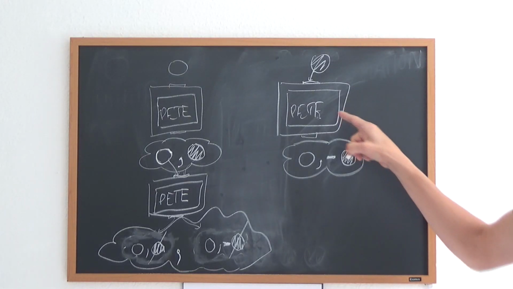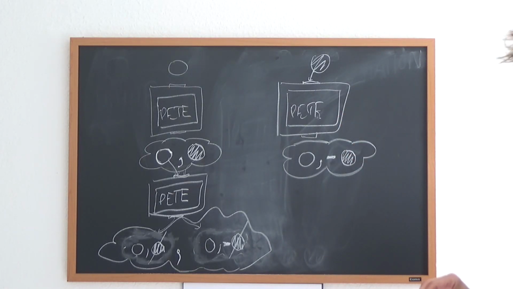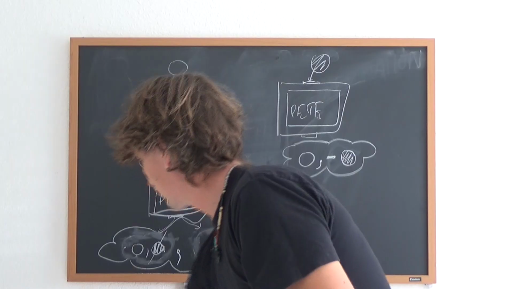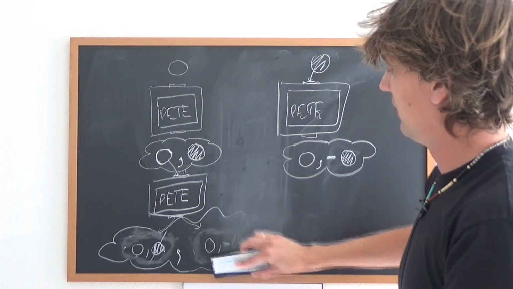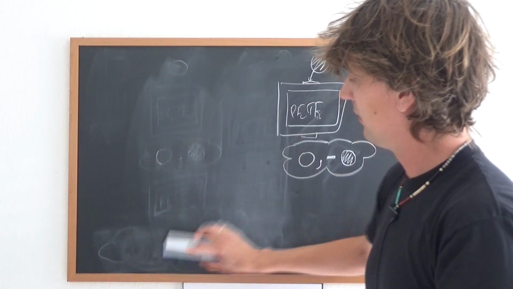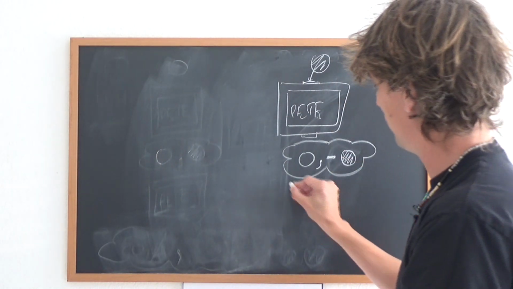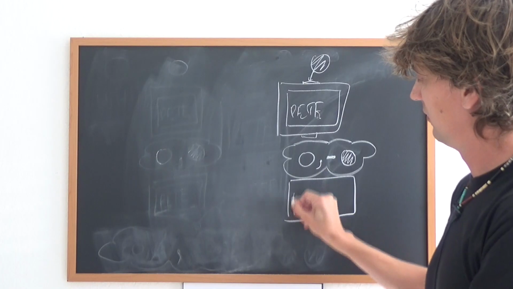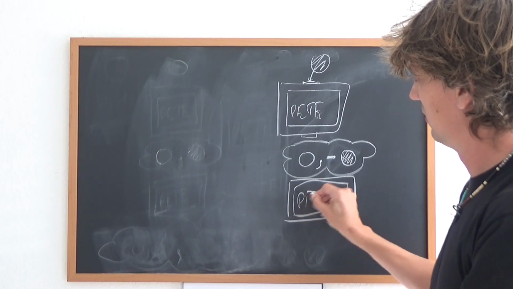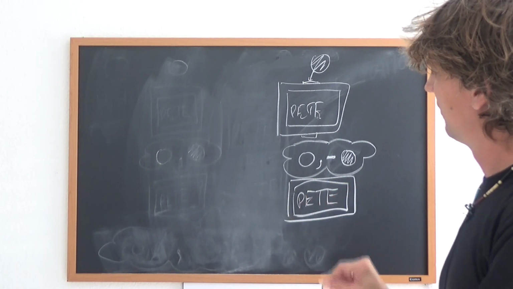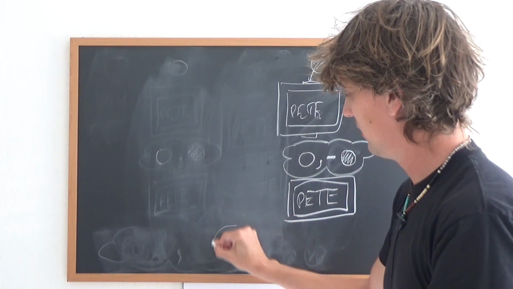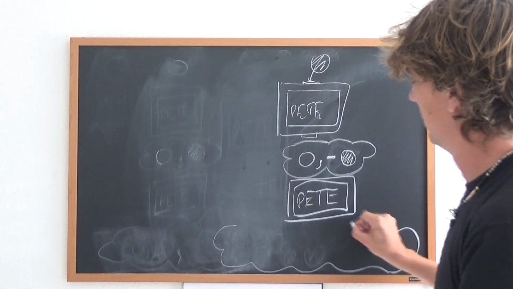Now, what about this case over here where I put a black ball into the mist? Well, in this case, let me erase this. In this case, if we put a second peat box, then we again get a bigger mist.